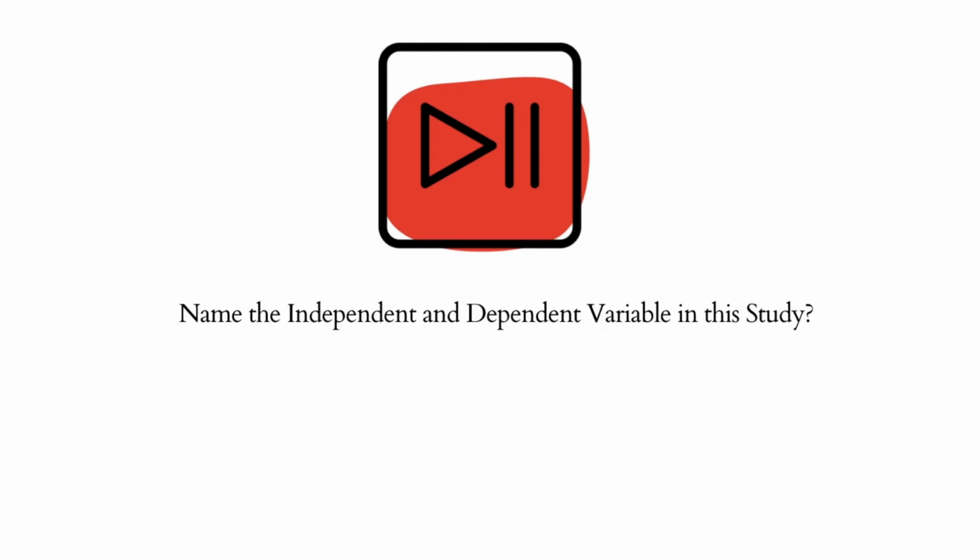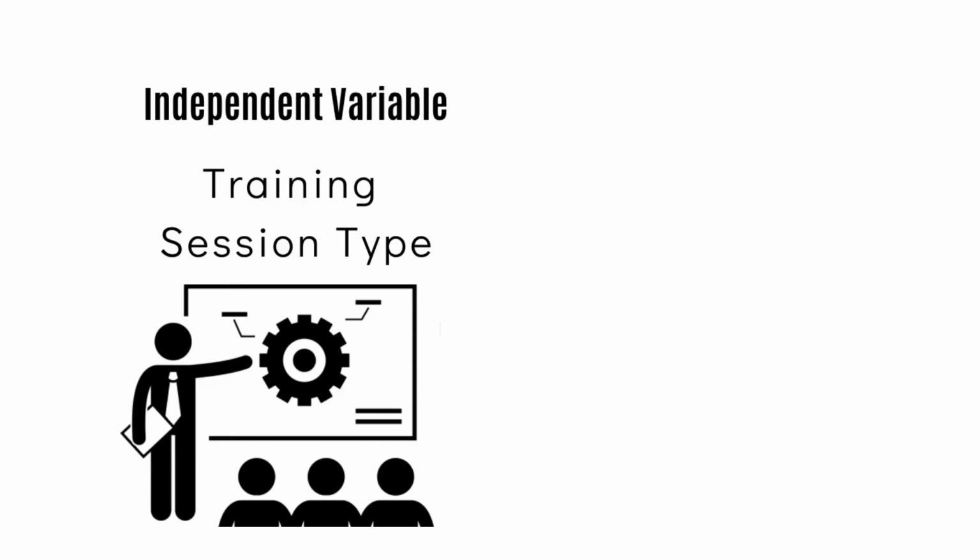I hope you have paused the video and tried to test your knowledge. Let's look at the answers. So the independent variable in this example study was the type of training session the participants were subjected to, because this was actively manipulated by the experimenter or the researcher.